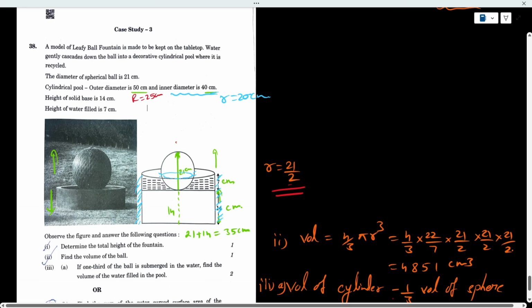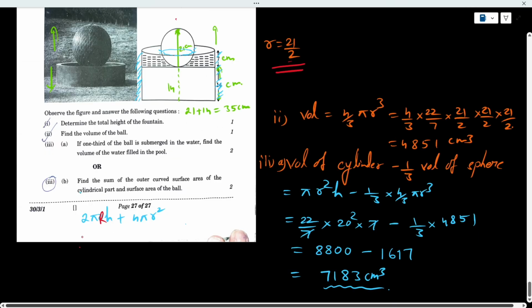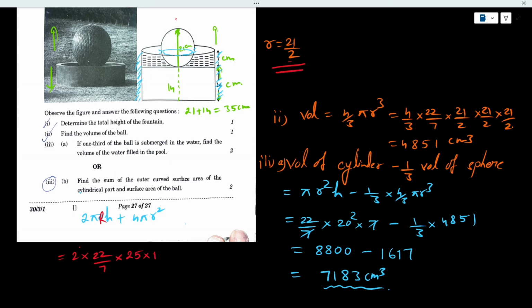So what can I substitute here? This is 2 times 22 by 7 times r, which is 25, into h, the height of the cylinder, here it is 14, then plus 4 times 22 by 7 into 21 by 2 times 21 by 2.